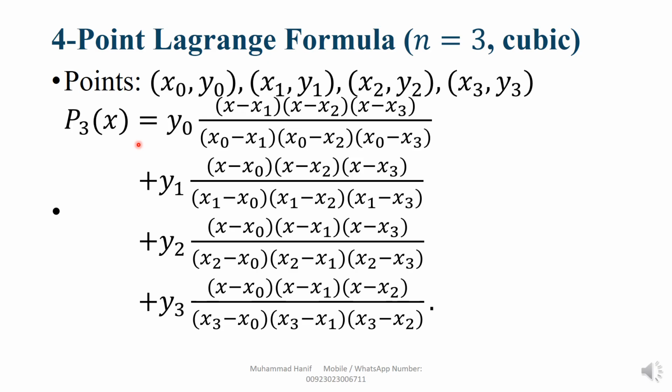P3 equal to, here is given y0, then you write y0, x0, then you write x0 minus this number x1. Same process we follow. x0 minus x2, then x0 minus x3.